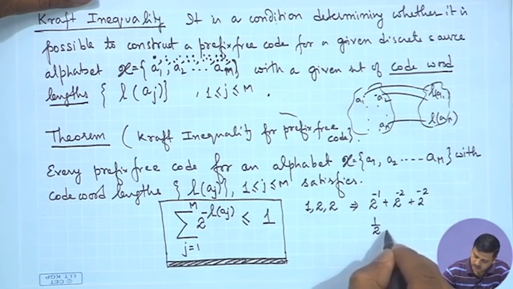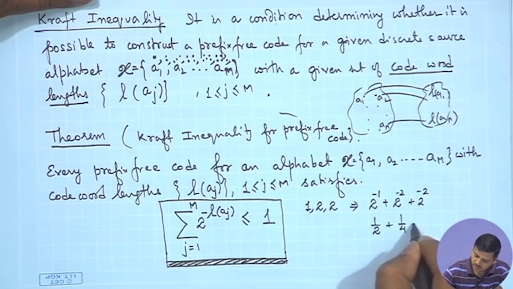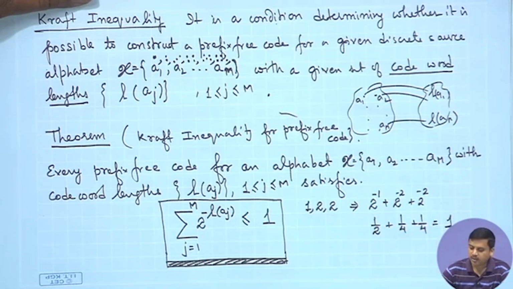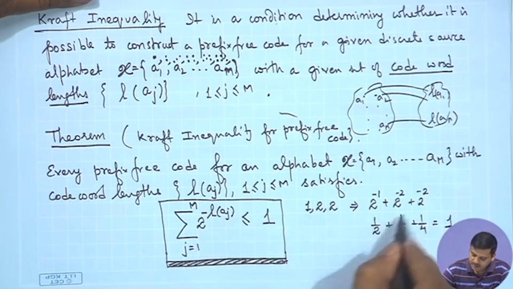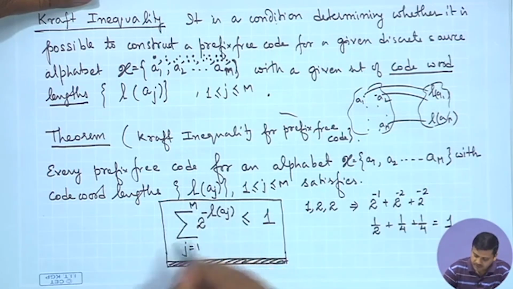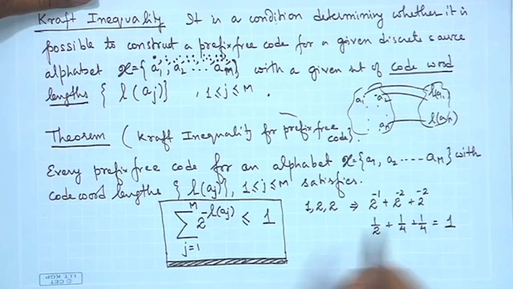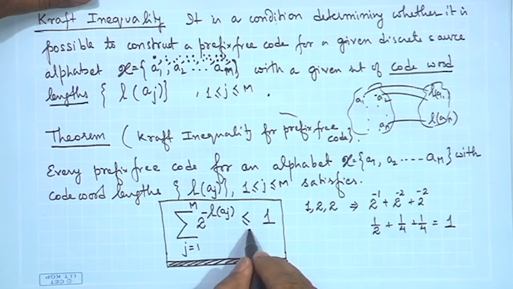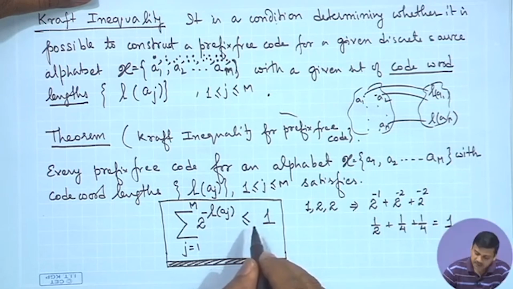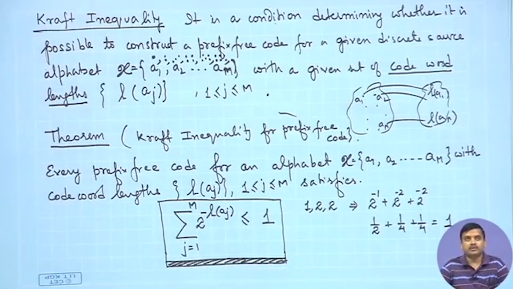That means a half plus 1 upon 4 plus 1 upon 4, which is equal to half plus half, that is 1. So this sum, which is the left hand side, is less than or equal to 1. Since it is equal to 1, we can say that yes, this inequality is satisfied, which means that a prefix free code can be constructed.